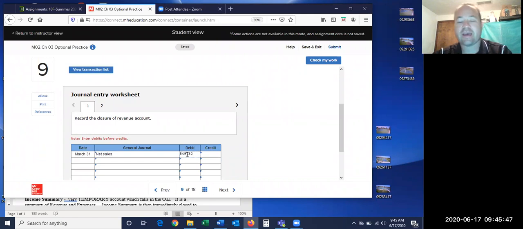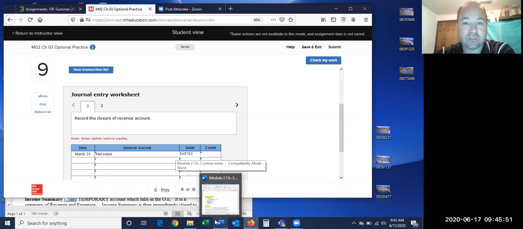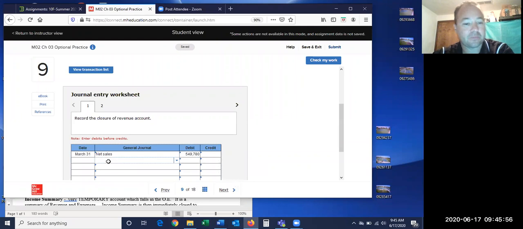We have to know that that is a credit balance, and if you open up your T accounts, you can be refreshed that revenues have a credit balance. And then we need to credit our income summary for the 549,780. And then we go on to part 2.